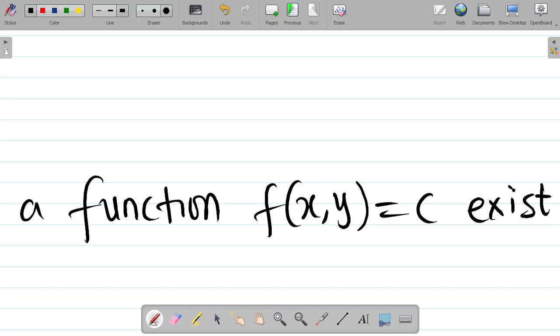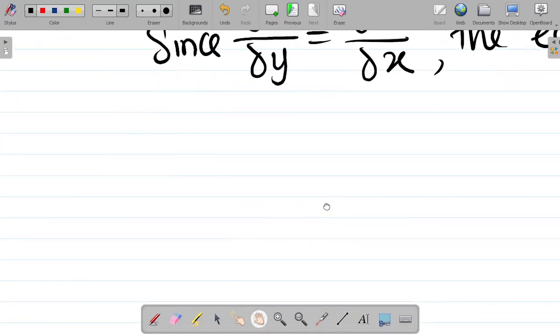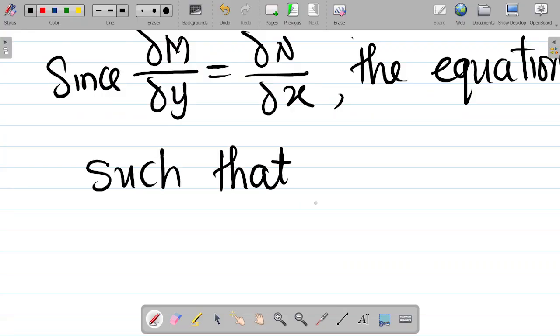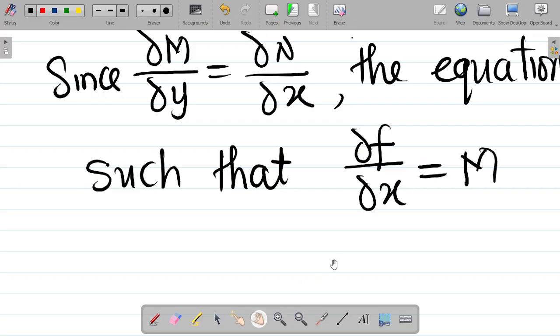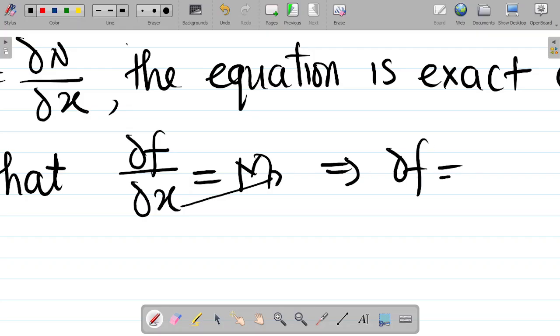This exists simply means that partial f, that's the partial differentiation of the function with respect to x, should be equal to the value of M. This is your next task there. All we have to do is move the dx over here. We'll now have that partial f is equal to M partial x.